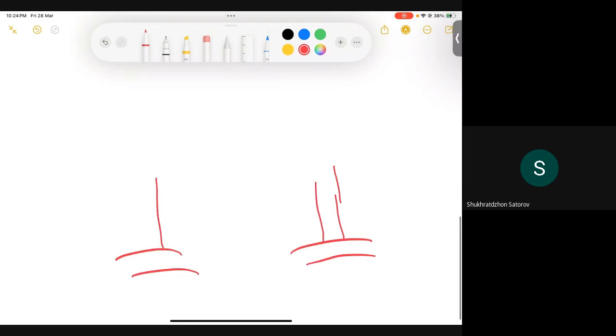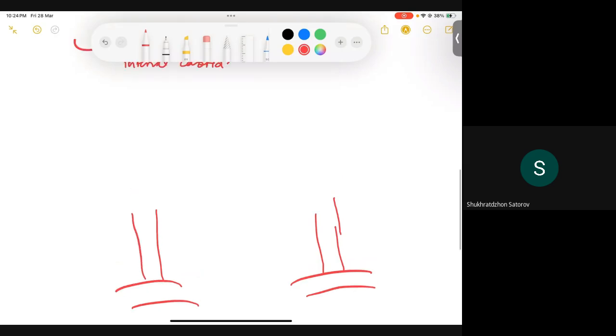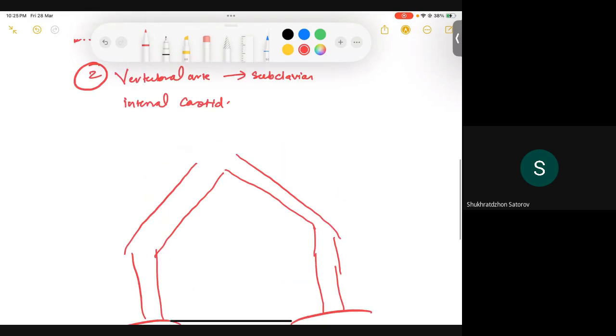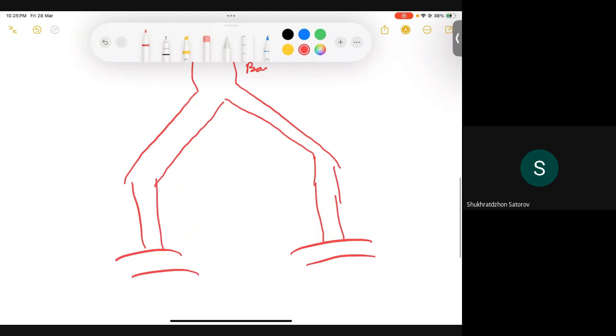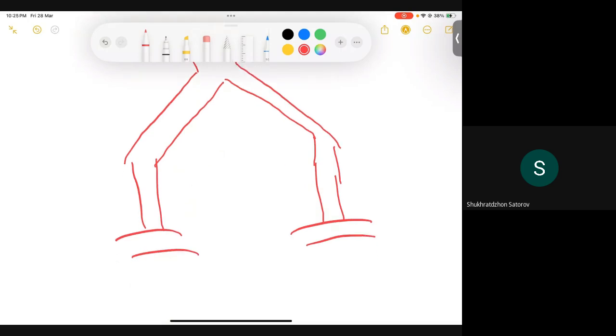The vertebral arteries move through the transverse foramen, and at the ponto-medullary junction they combine and move up as the basilar artery. As they move, they give one anterior spinal artery and two posterior spinal arteries.